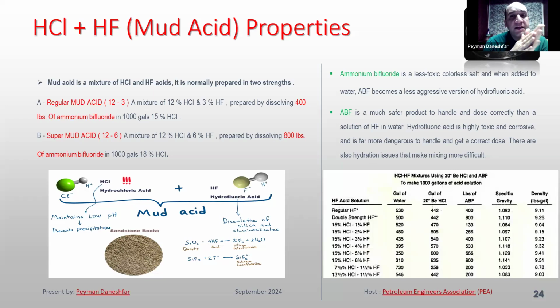You can see a table here for mud acid: if you want a certain percent of HCl and a certain percent of HF, you can see how much ammonium bifluoride to use. But for the regular mud acid, you should keep in mind, you should use 400 pounds of ammonium bifluoride in 1000 gallons of 15% HCl, and for the super mud acid you should use 800 pounds of ammonium bifluoride in 1,000 gallons of 18% HCl.